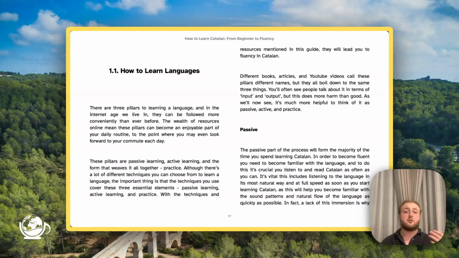This basically involves just immersing in Catalan as often as you can. And because it's passive, you can attach it to things you already do, such as your commute to work, cooking, cleaning, exercise, just about anything you can think of where you don't have to be concentrating on what you're listening to.